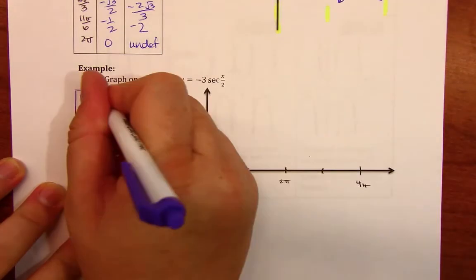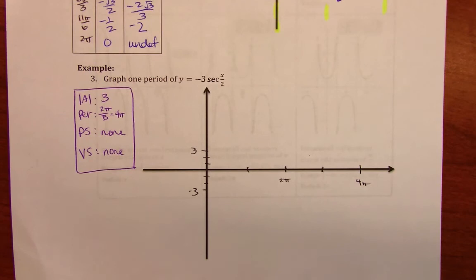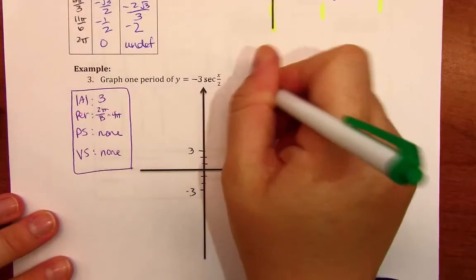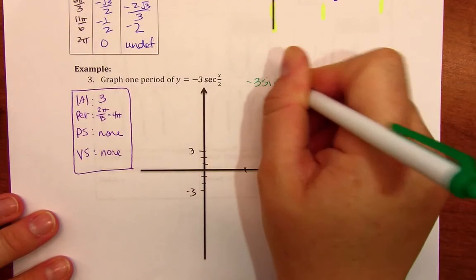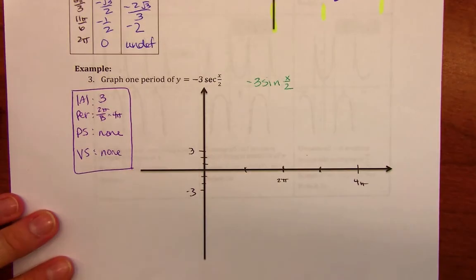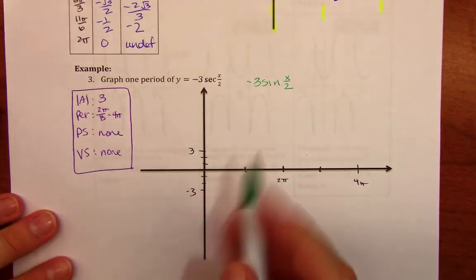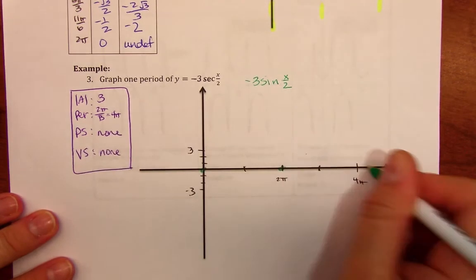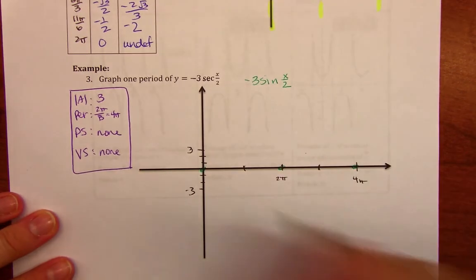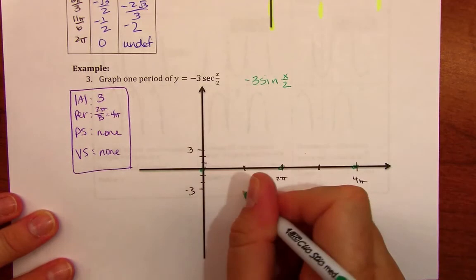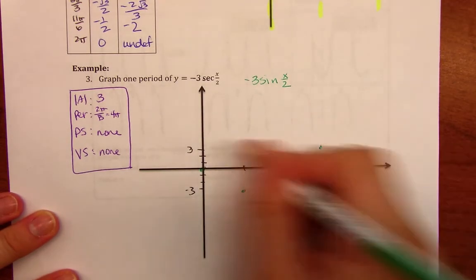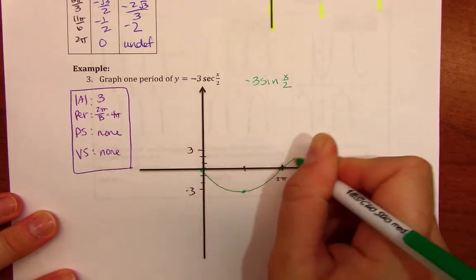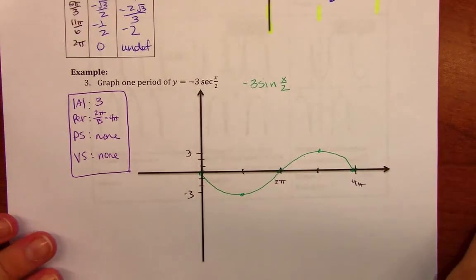And here my amplitude is 3, but remember it's negative, so it's starting down first. So what I'm going to graph is negative 3 sine x over 2. So starting at 0, halfway is 0, ending at 4 pi. And because it's negative, I'm going down first and then up. Oh, you know what?